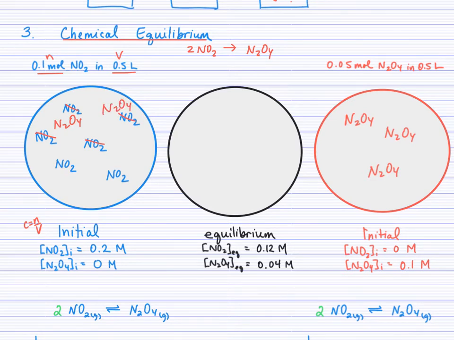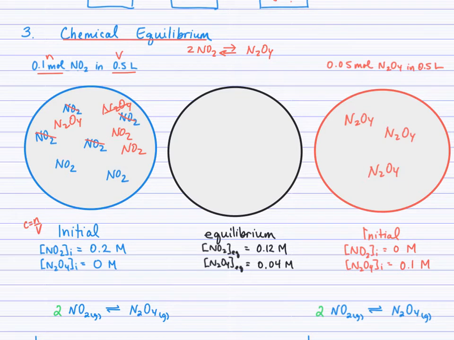Now, as that N2O4 starts to increase in concentration, the reverse reaction will occur. So this is a chemical system where the forward and reverse reactions occur in a closed system. So those N2O4s will start to decompose and we'll go back to having 2 NO2s.